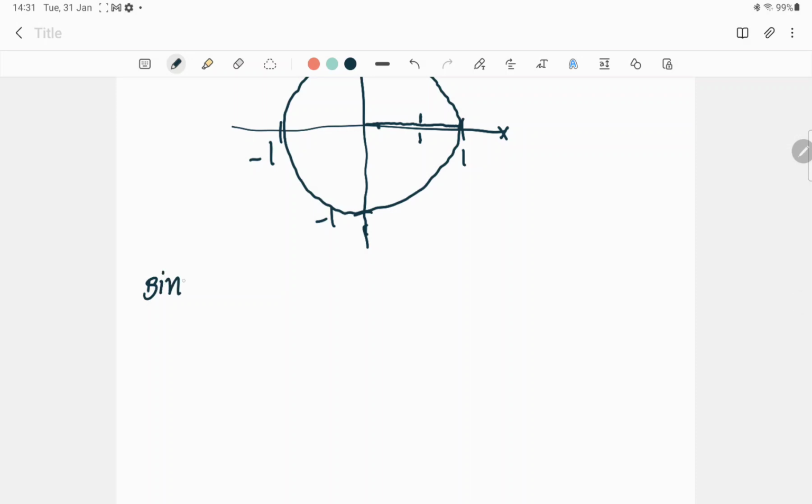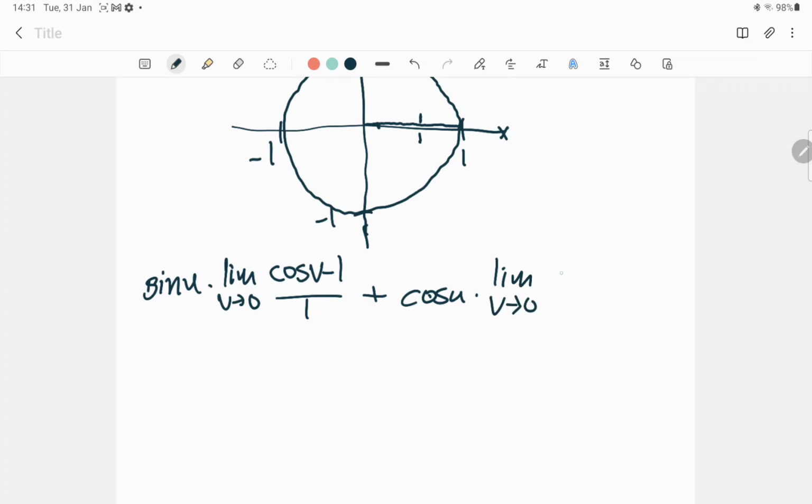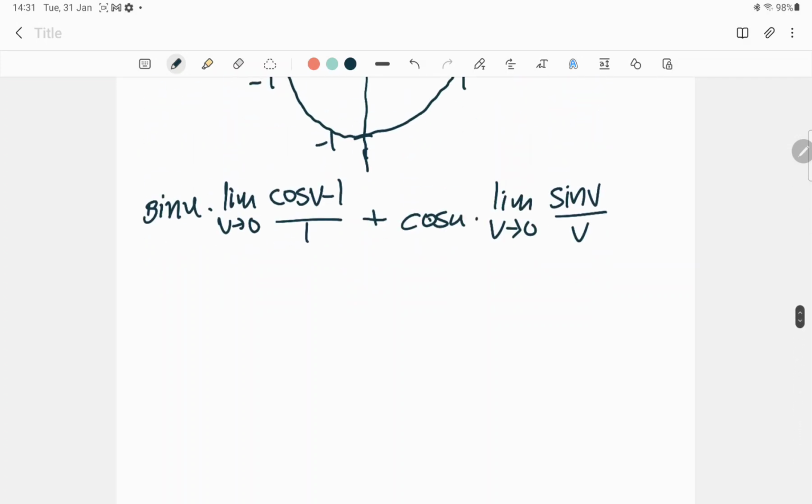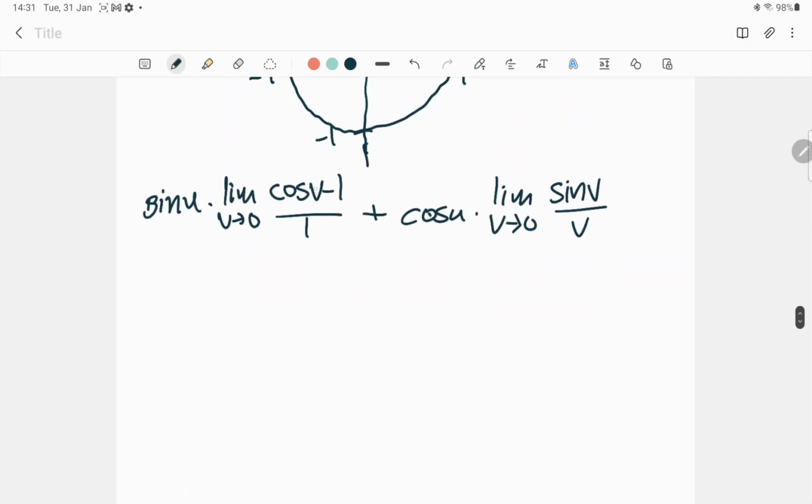So I'm saying sine of u times the limit as v goes to 0 for cosine of v minus 1 over 1, plus cosine of u times the limit as v goes to 0 for our sine of v over v. Now we found out that cosine of v was equal to 1.